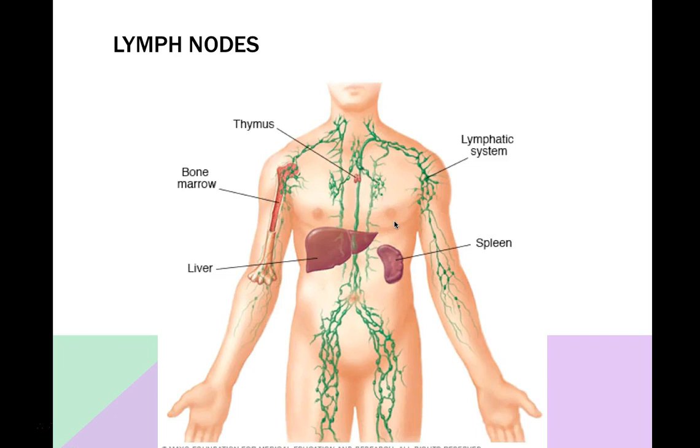Now to discuss lymph nodes, these nodes are located all throughout the body, and it really depends on the cadaver if we are going to be able to find any in order to identify. But the three most prominent areas we can search for these lymph nodes will be in the neck, the axilla, and the inguinal region.